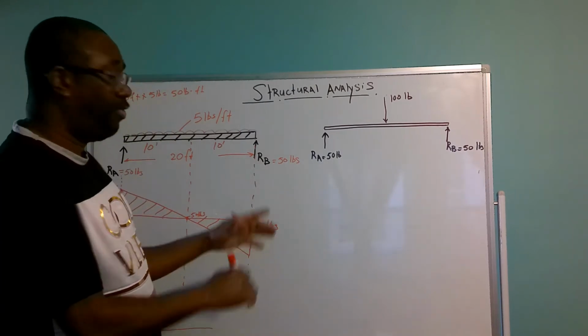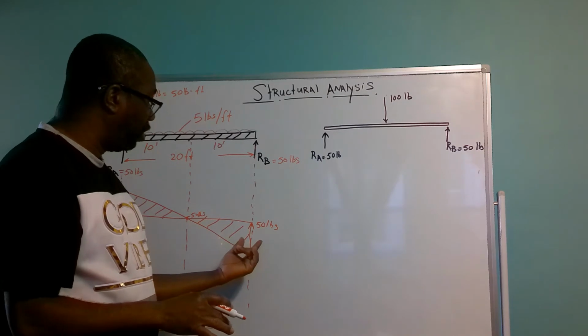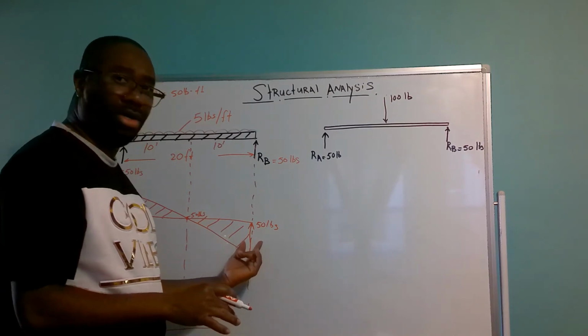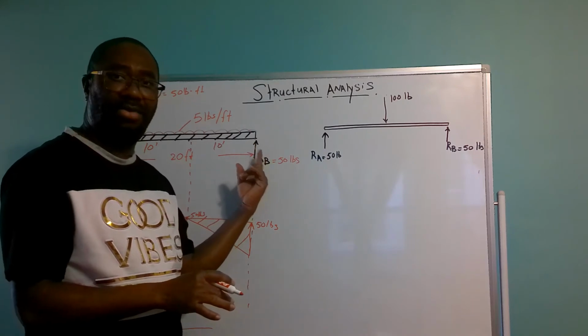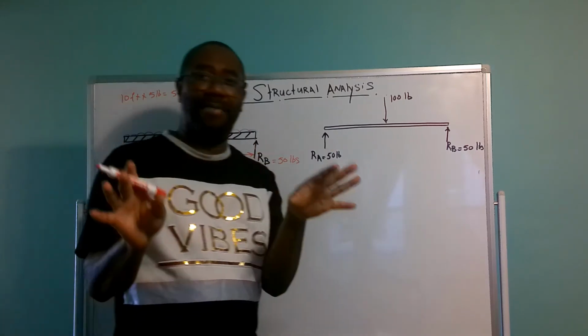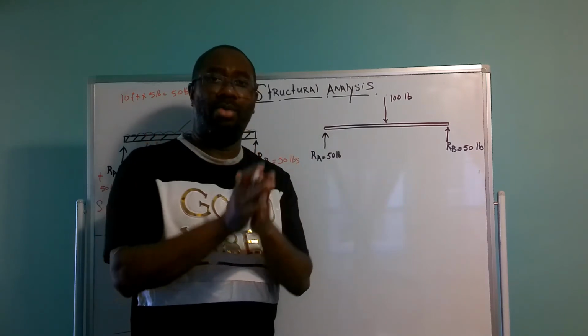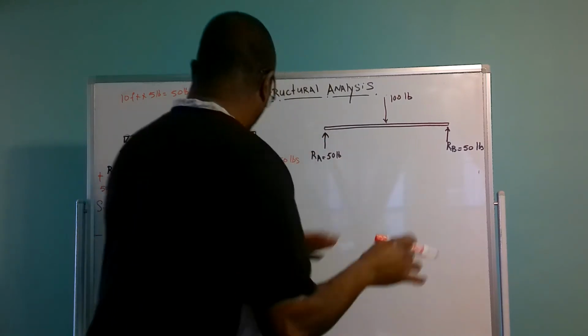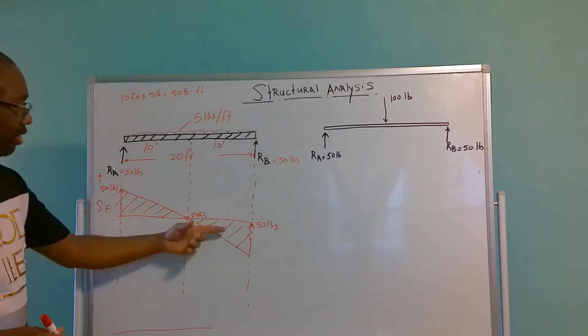So if you're plotting your shear force diagram and when you reach the end, the value you're getting is not equivalent to the reaction at the end of the beam, that means you have done something wrong. I might do a calculation with that in some time to come. So our shear force diagram is going to look something like this.